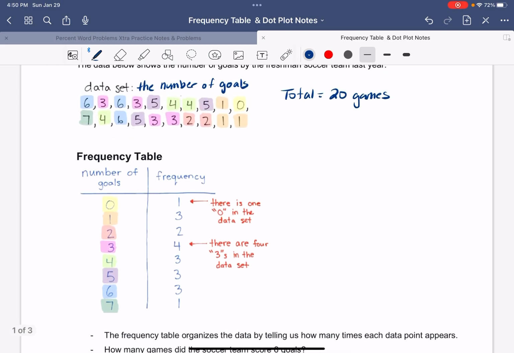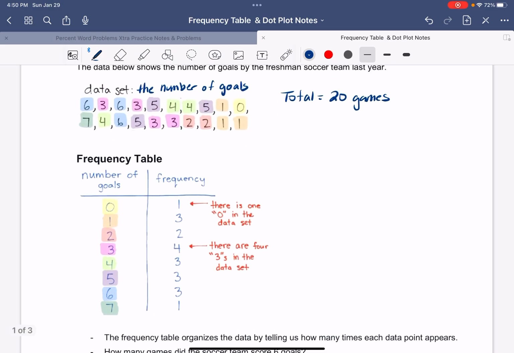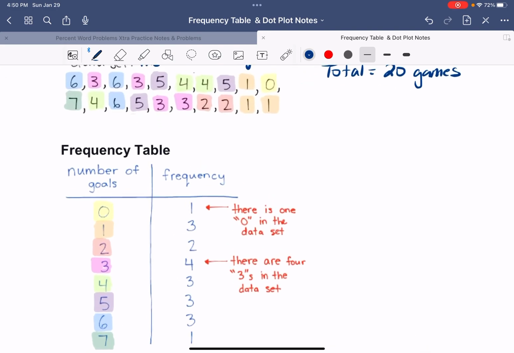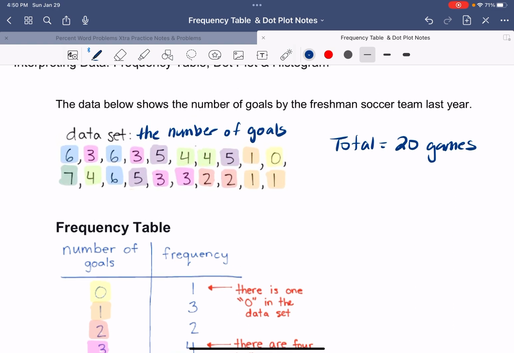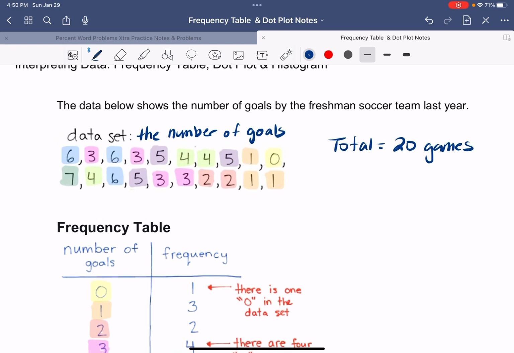Now, sometimes we want to organize this data so that it makes sense. We want to know how many games they scored a certain number of goals. When we look at this frequency table, I want you to notice there's a left side and a right side. On the left side is the number of goals. We're going to look at the range of this data set.